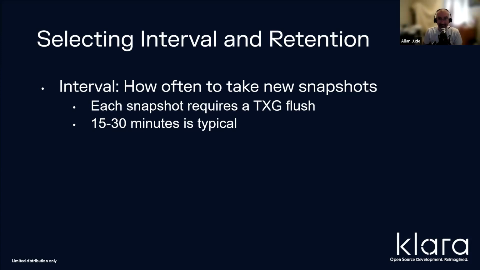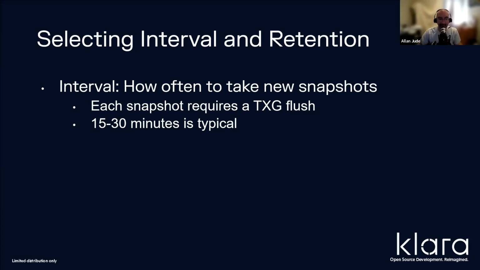So while you could take a snapshot every second, it would hurt the performance of your pool. 10 to 15 minutes is very typical. Even every 5 minutes won't really impact performance. But if you try to do it very, very frequently, it can start to impact performance. Taking a snapshot every 5 or 10 or 15 minutes is totally fine and very normal, and means that you're going to have really nice short recovery point objectives.